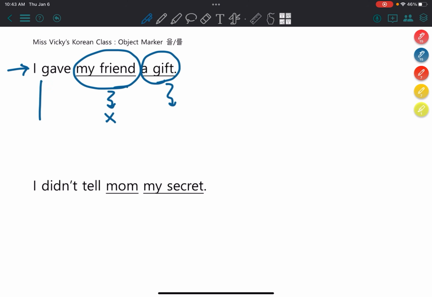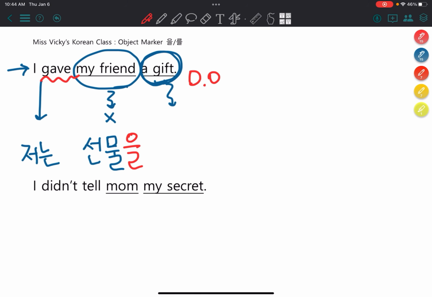So let's try translating this sentence. I gave, 저는 subject. So you can put the object first. 선물 means gift. And you can mark it with the object marker since this is a direct object that is given, right? And my friend is 제 친구.